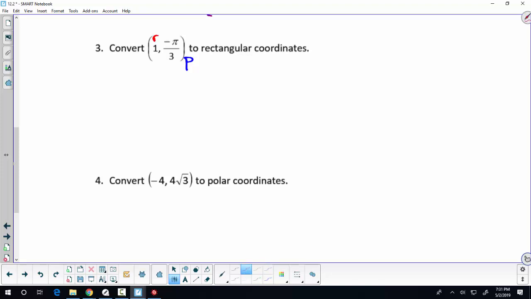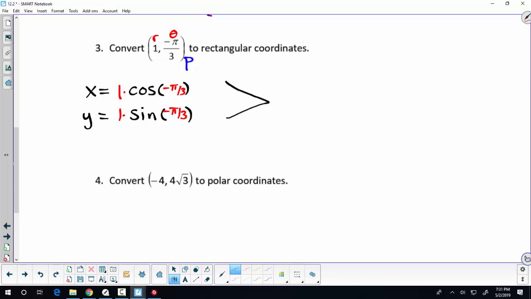We're given an r and a theta, so we want to describe x and y. x is r cosine theta, and y is r sine theta. That gives us our xy coordinate: 1/2 for x, negative root 3 over 2 for y.